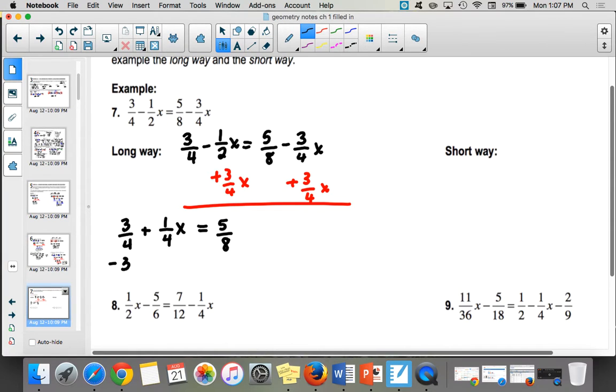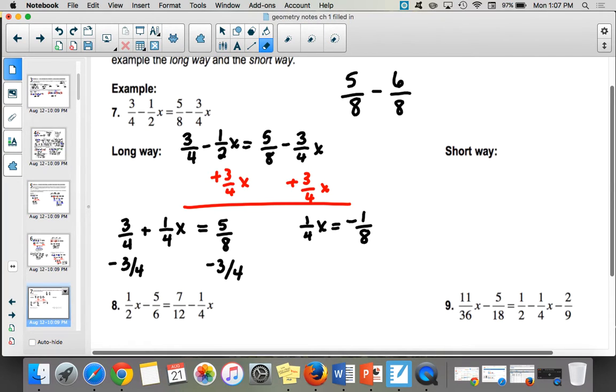I then subtract 3/4 from both sides. So I get 1/4 x equals, how about 5/8 minus 3/4? 3/4 is 6/8. So I get negative 1/8.